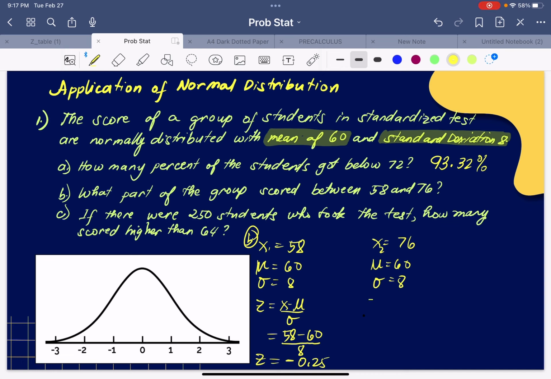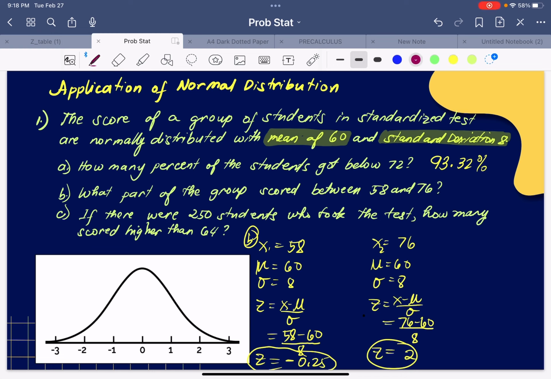And for the second z value, we have x minus mean divided by the standard deviation: 76 minus 60 divided by 8. 76 minus 60, that is 16. 16 divided by 8 is 2. Okay, so these are our two z values.